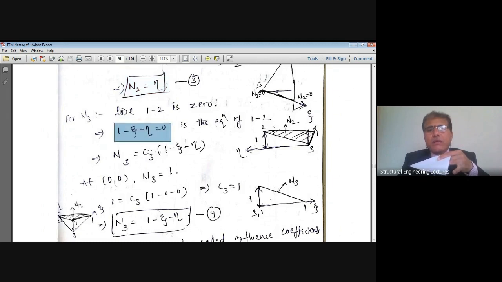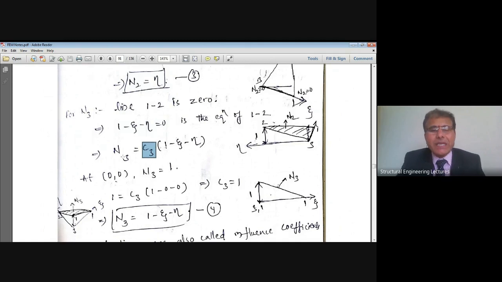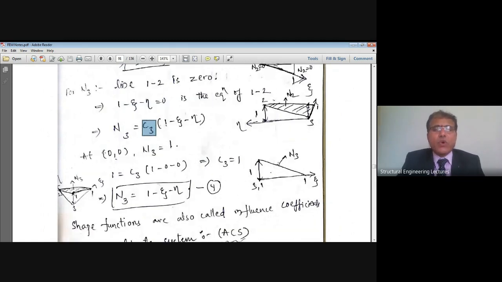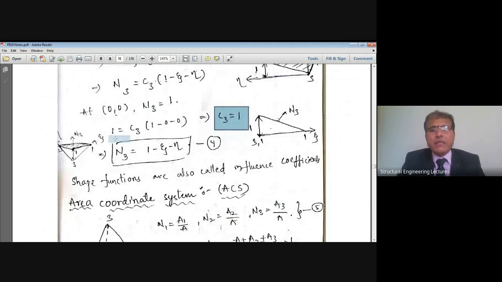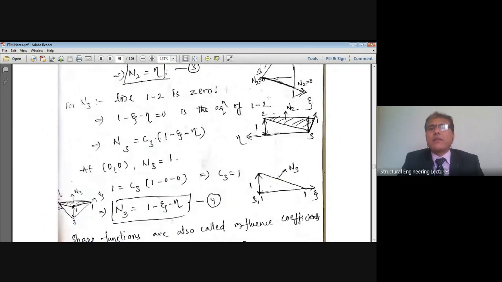You multiply with constant c3, and substitute at its own node 0, 0, n3 is equal to 1. Therefore, 1 is equal to c3 multiplied by 1, or c3 is equal to 1, so n3 is equal to 1 minus xi minus eta, the shape function of the third node. That is also shown in a 3D fashion for the third node, right?